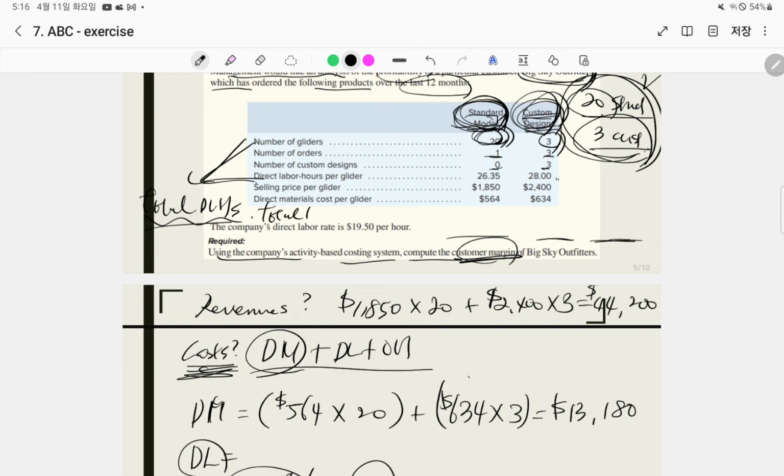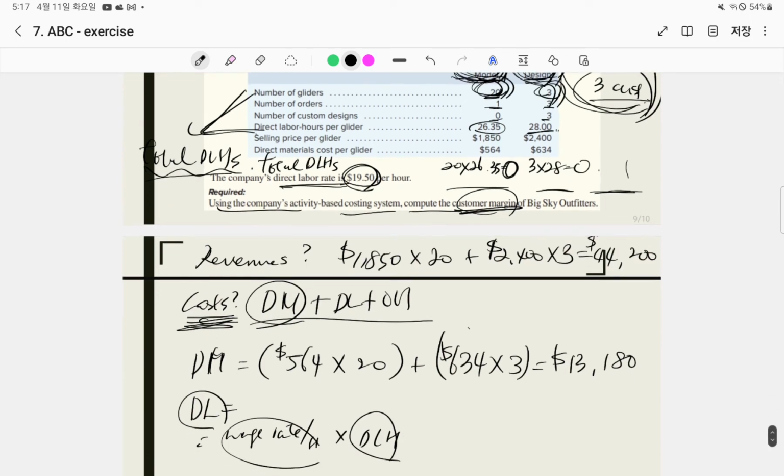So total direct labor hours: for the standard model, 20 gliders times 26.35 hours, and here, 3 gliders times 28 hours. And we should multiply this total direct labor hours with the wage rate per hour, which is $19.50.